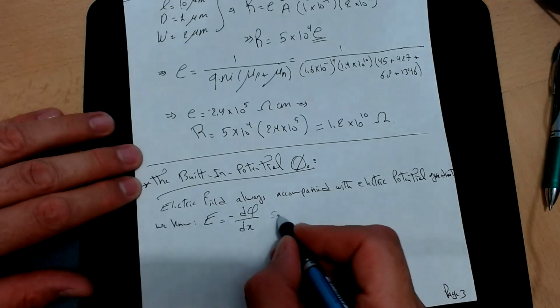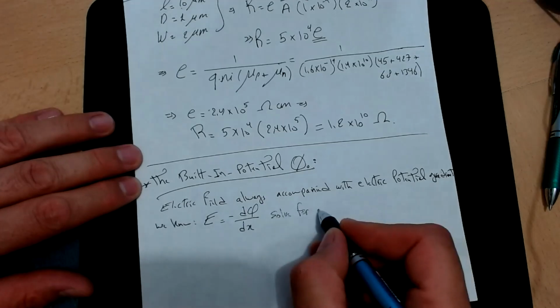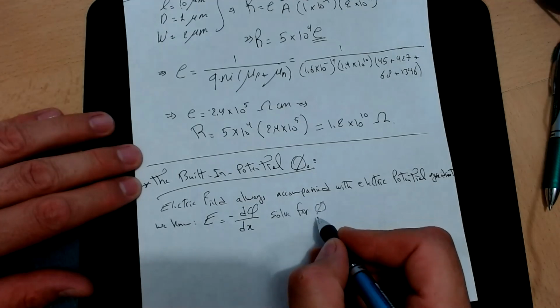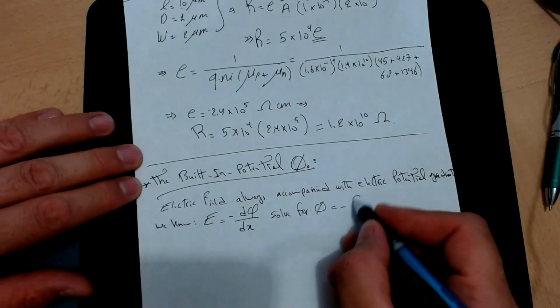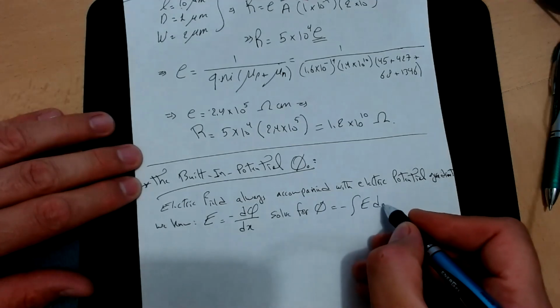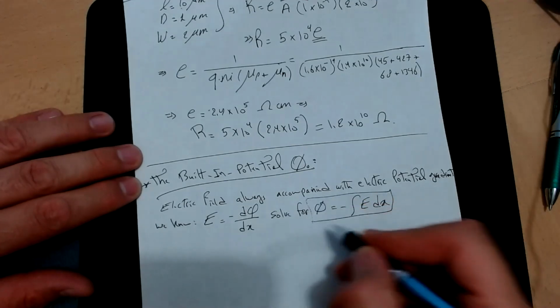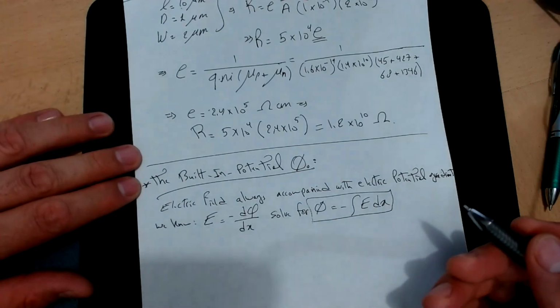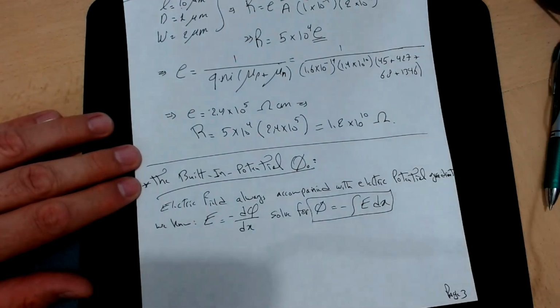If we solve for phi, we're going to integrate E dx. So let me explain to you what happens inside.